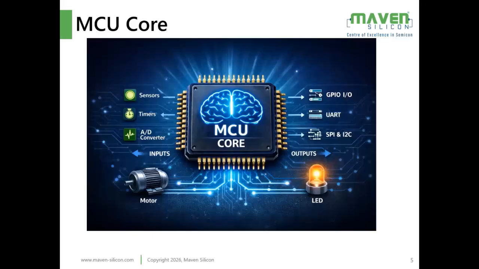Similarly, we now have RISC-V based cores, and the 8051, which had Intel based cores. If you think of it this way, the CPU core in a microcontroller is just like the brain, and the MCU you can consider as the whole human body. The core decides what to do, when to do and how to do, and everything in the MCU starts from here.